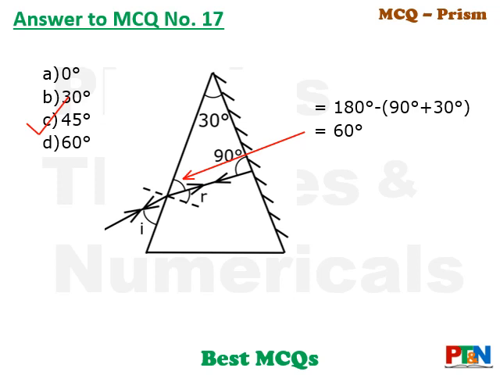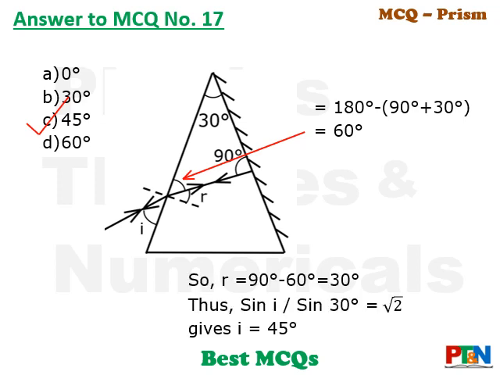So it has been shown 90 degree. Now look at the triangle. The angle shown by the red arrow will be 180 degree minus 90 plus 30, that is 60 degree. So angle of refraction is 90 degree minus 60 degree, that is r equal to 30 degree.